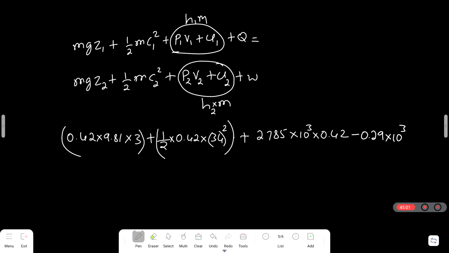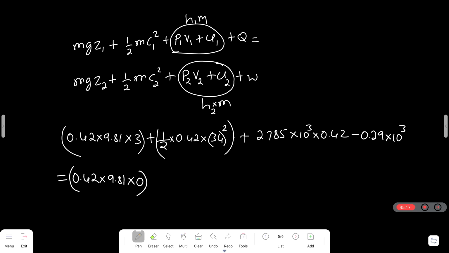Next, coming to the right hand side. Again, the same: 0.42 into 9.81, but this is zero elevation. Z2 is zero, so this entire term is zero.